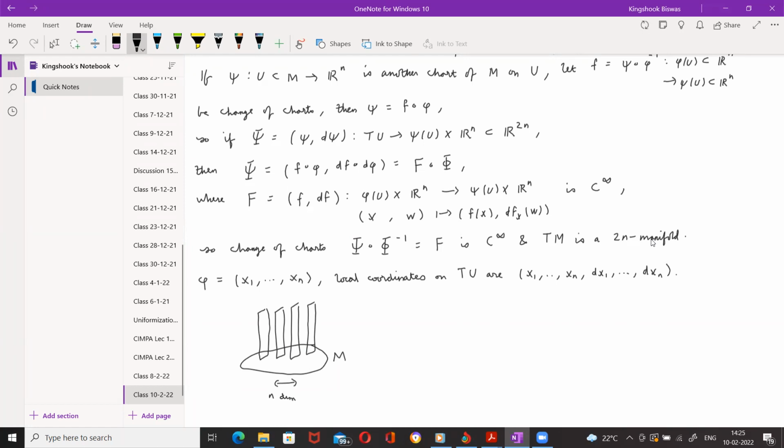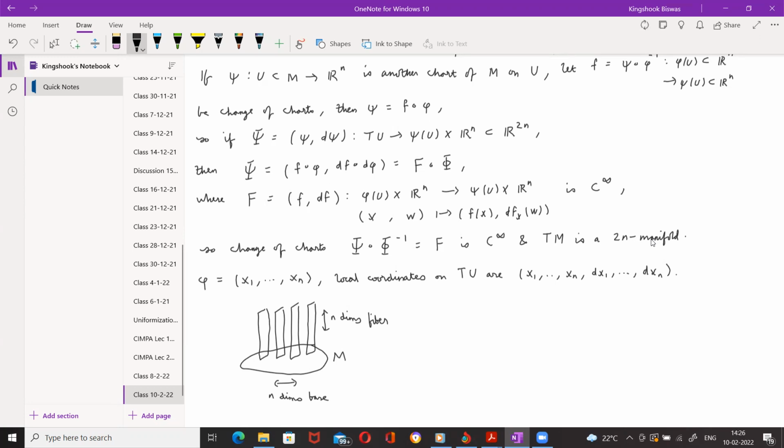You can think of it as sort of a horizontal direction. The base is M, and you have n dimensions coming from what's called the fiber. The fiber means the space which is above each point, namely the tangent space. All right, so n plus n is how much? 2n, right? So that's why you get a 2n dimensional manifold.